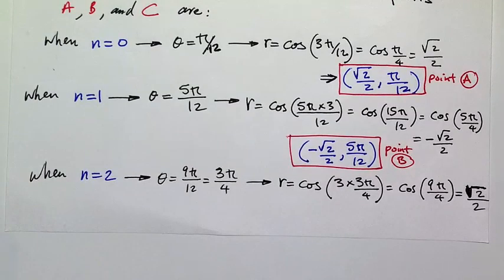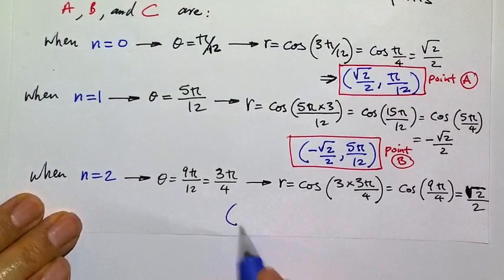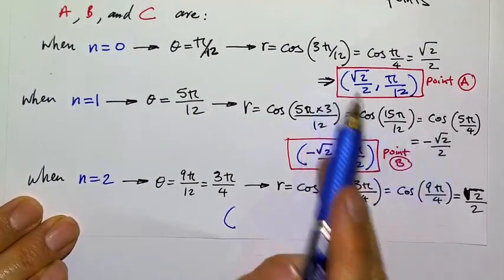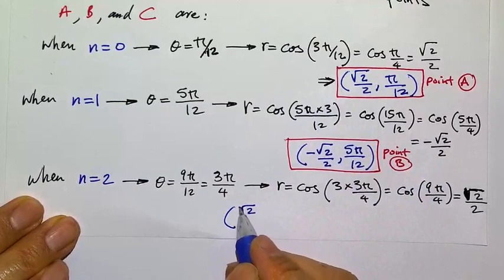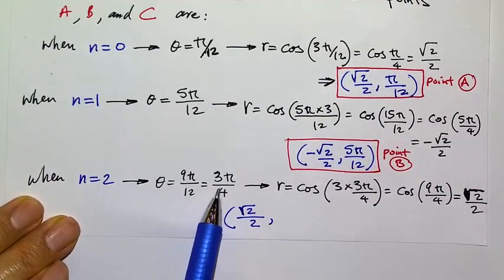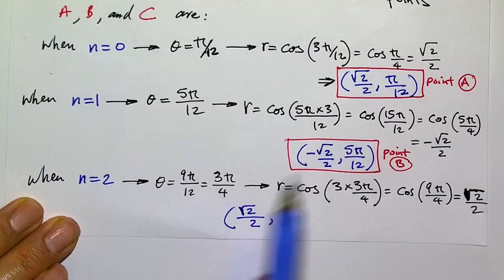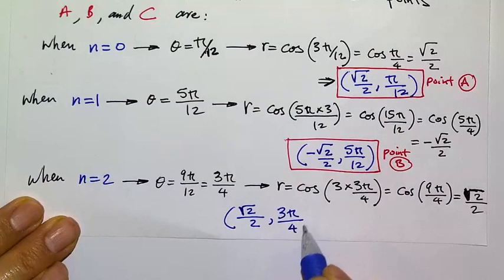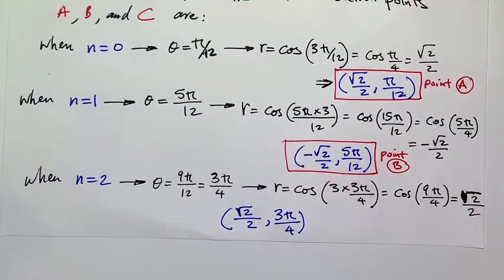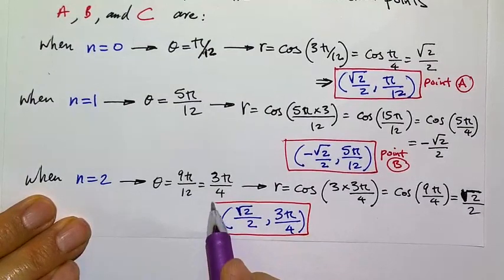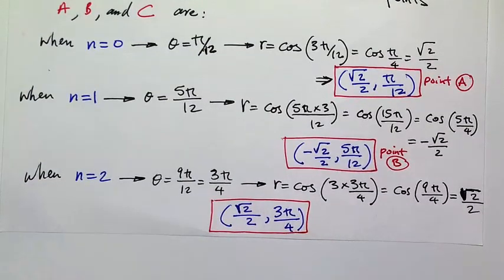So then this point, we have square root of 2 over 2, just like point A, comma, theta being equal to 3 pi over 4. So that's the only difference with that. So 3 pi over 4, like that.